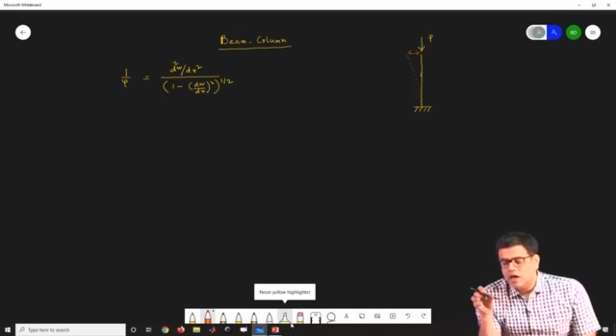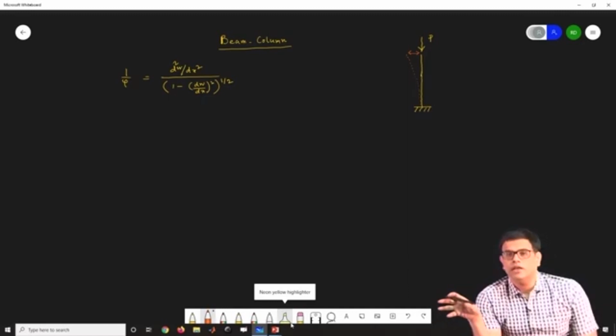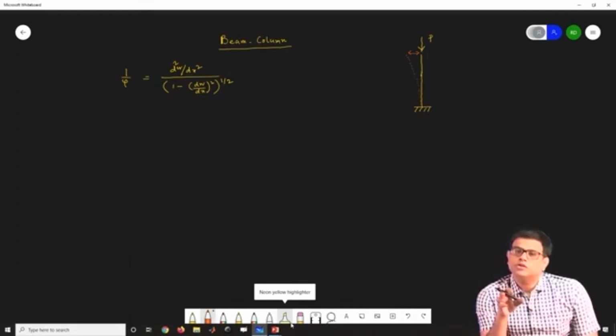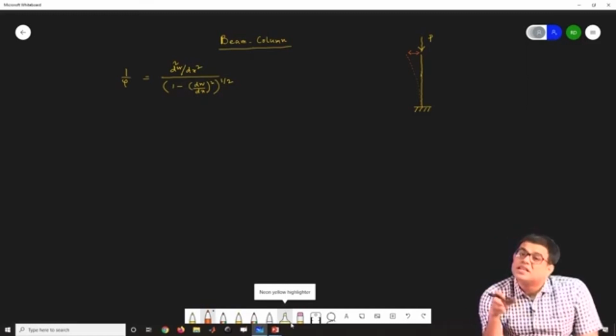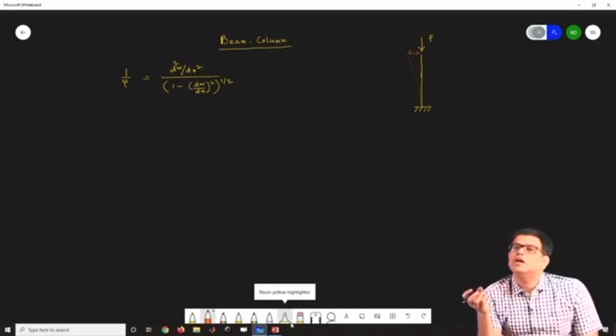That is where this theory actually differs from the standard Euler-Bernoulli beam theory. In Euler-Bernoulli beam theory, we generally assume that the beam is inextensible, or the axial deformation of the beam is neglected.